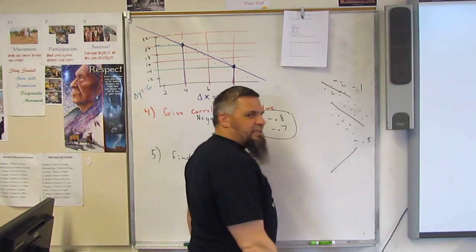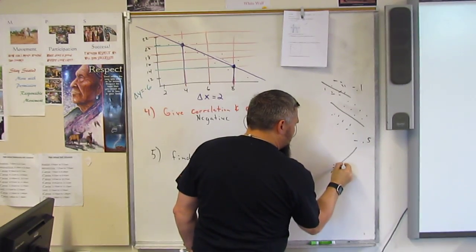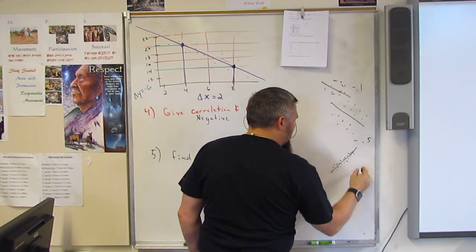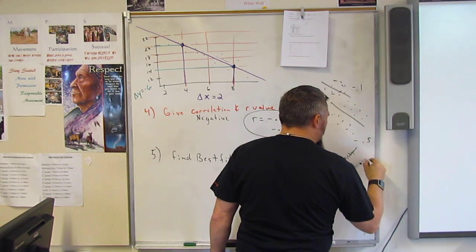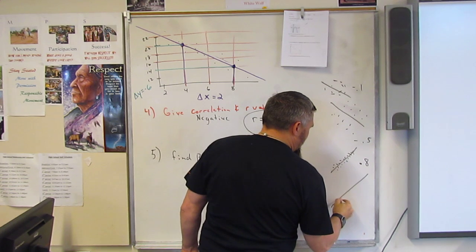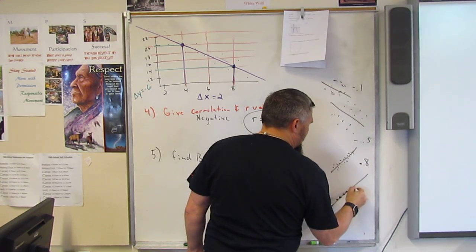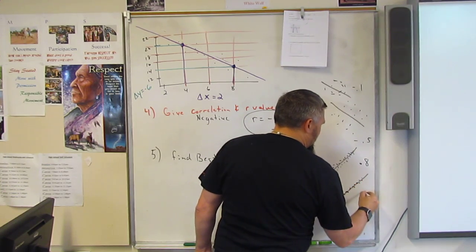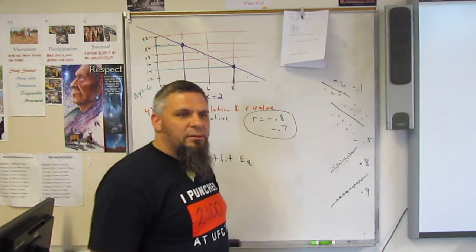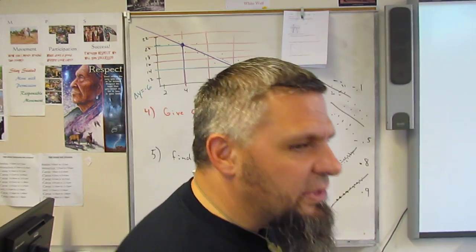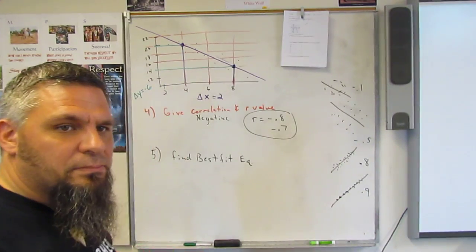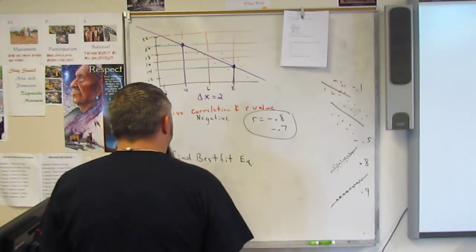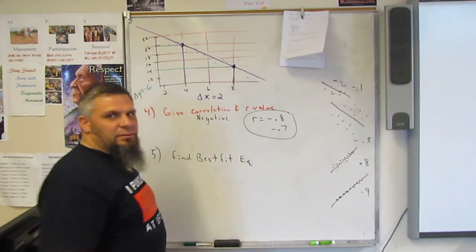If it were positive and really close, we've got 0.8, and then if it's on the line or really close to the line, 0.9. That's correlation. It's really simple. Okay, so that's that part.